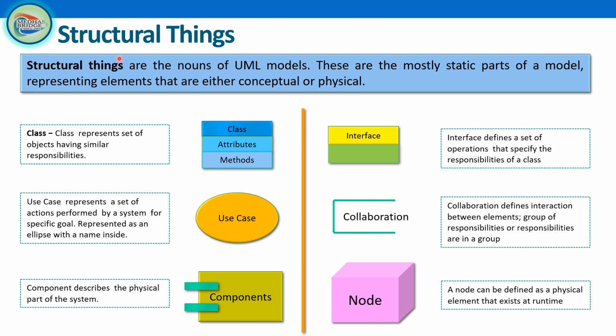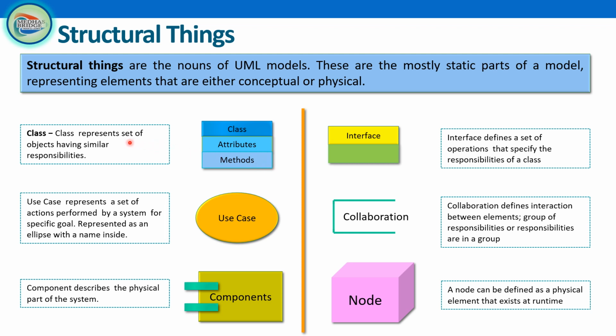Let's look at structural things. Structural things are the nouns of UML models. These are mostly a static part of a model, representing elements that are either conceptual or physical. A class contains attributes and methods, also known as operations.